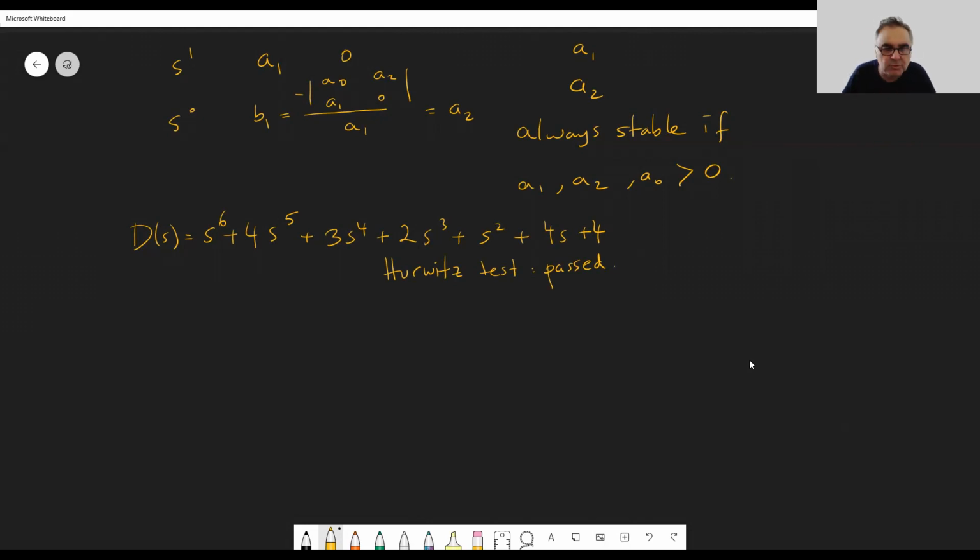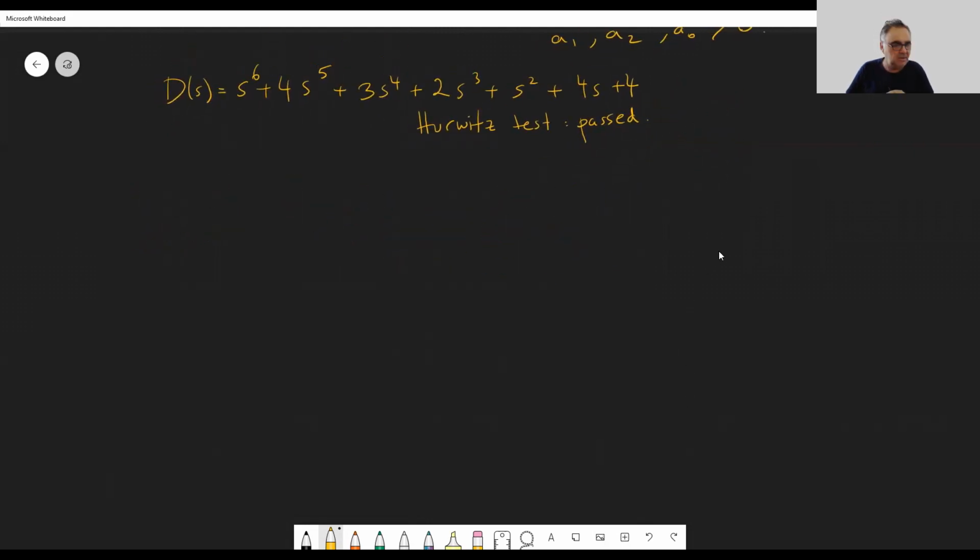Now we have to form the root array, which will be a big one this time. So s to the 6. We'll start with 1, 3, 1, 4. S to the 5 is 4, 2, 4, and 0. Okay, these are obtained from the terms. Now we have s to the 4, we go like this.